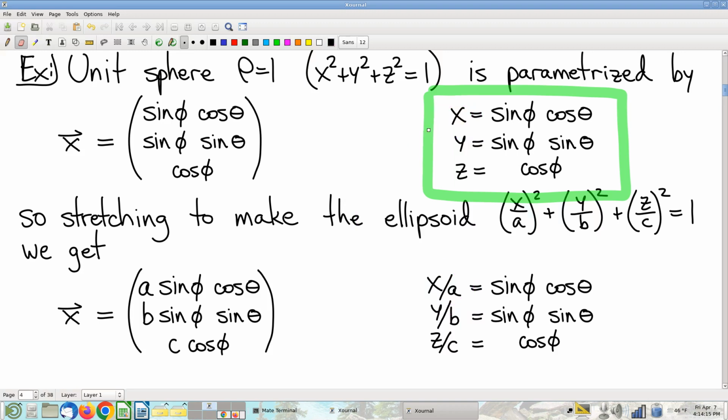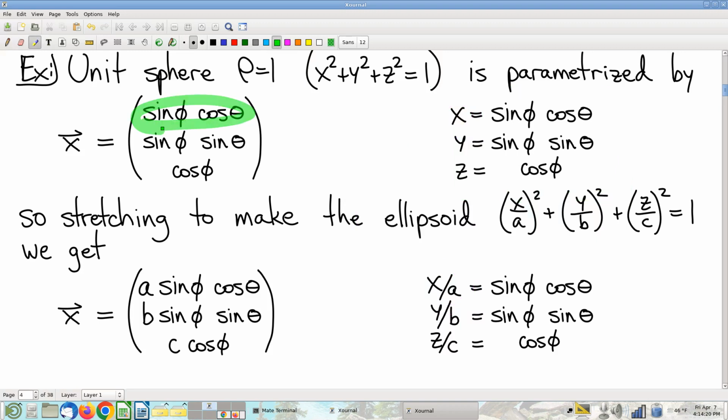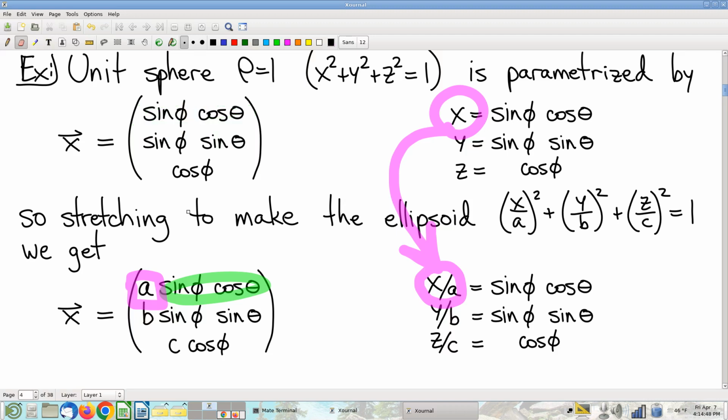Well, it depends on what you're doing it to. If you're doing it to the formula for X, then you need to multiply the formula for X times A. If you're doing it by replacing the variable X itself, you replace the variable X with X divided by A. So we're doing two different things. And notice the answer is the same.